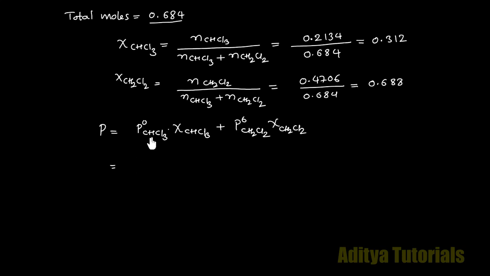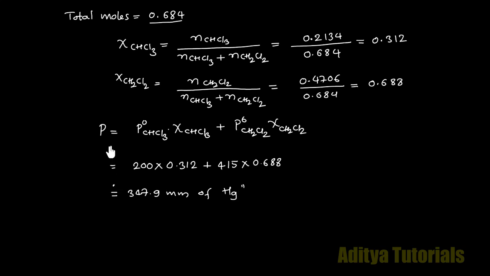We know that the P naught of CHCl3, that is chloroform, is given as 200, and that should be multiplied by the mole fraction, 0.312, plus the partial pressure of dichloromethane, which is given as around 415 mm of Hg, and that should be multiplied by the mole fraction of dichloromethane, that is 0.688. At the end we have the answer, this is 347.9 mm of Hg. This is the total pressure of the solution.